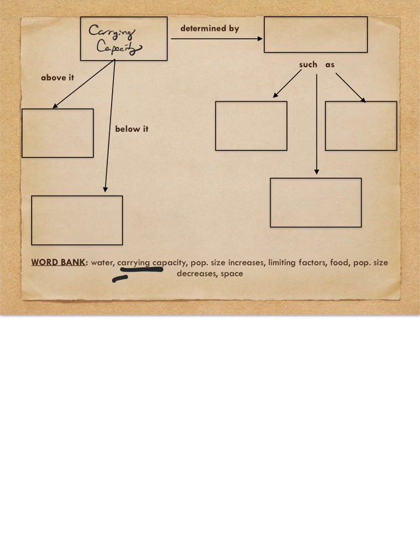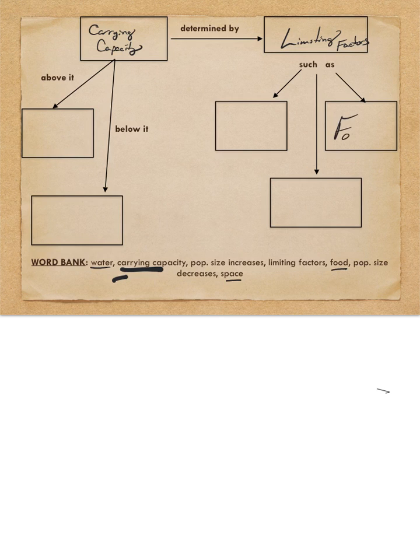It's determined by limiting factors, right? Well, what limiting factors? Food, space, and water are certainly three big limiting factors.